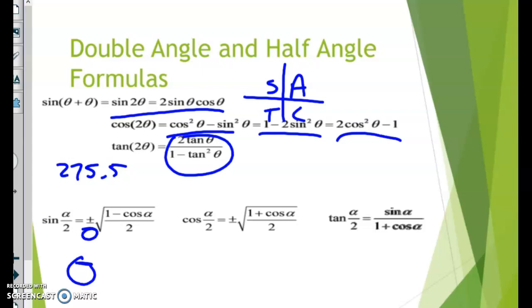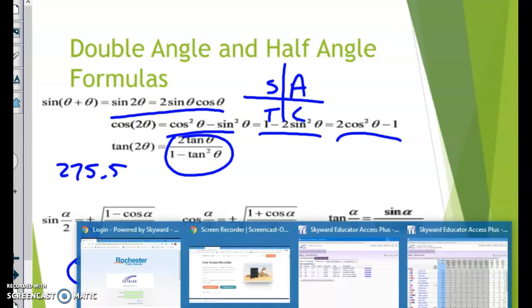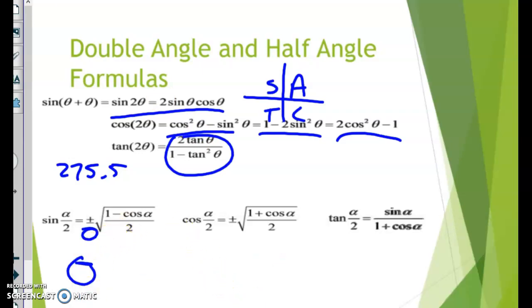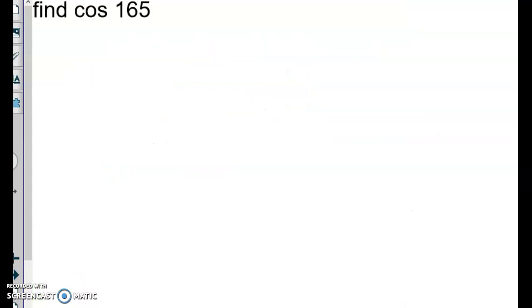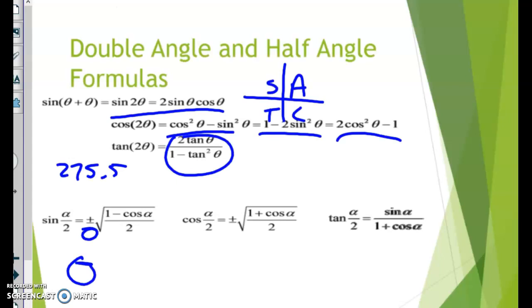Let me pause this. Alright, so let's move on. So if I'm finding the cosine at 165 degrees, I'm going to use my half angle formula here.